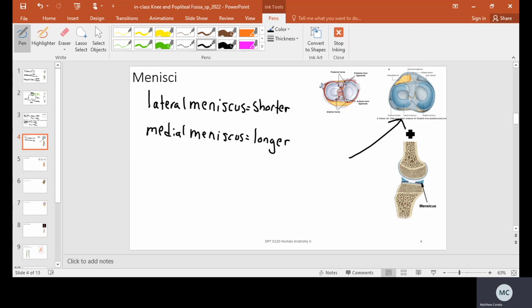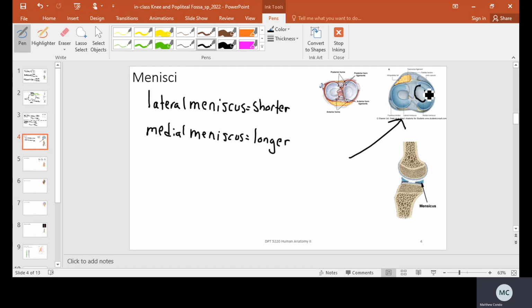My femur is going to sit right on top of that, right? Cool. My lateral side is going to have much more meniscus coverage under that femur than my medial side, right? There's more open space there.